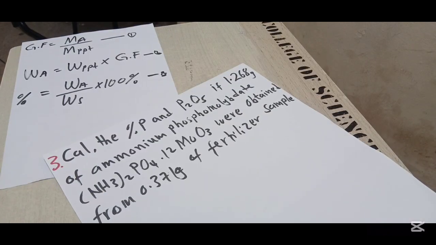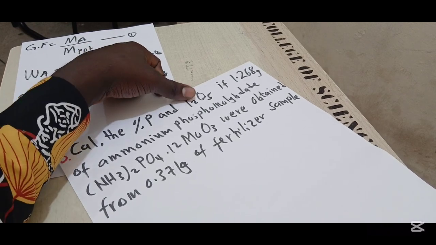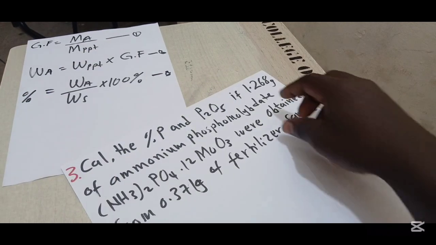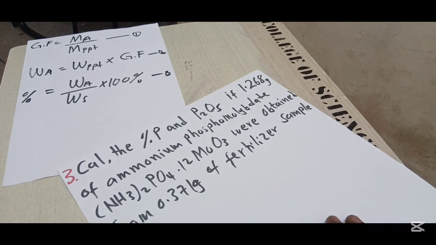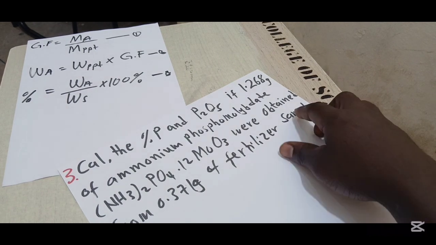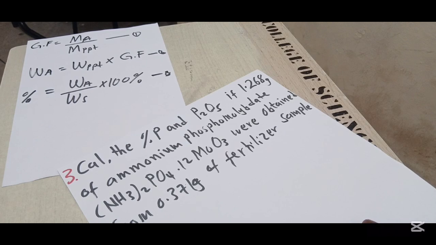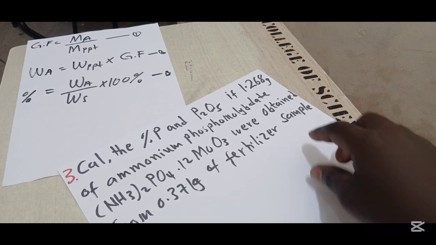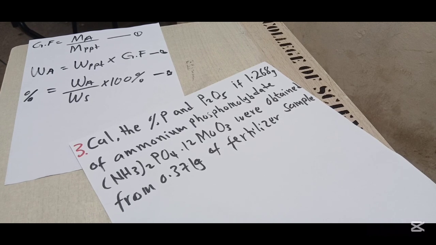Calculate the percentage of phosphorus and P2O5 if 1.268 grams of ammonium phosphomolybdate were obtained from 0.371 grams of fertilizer sample. So how do we solve this problem?